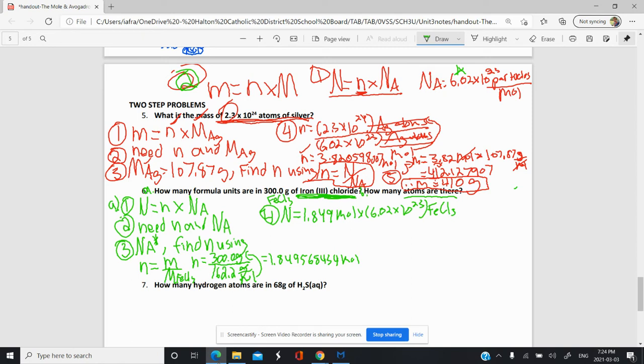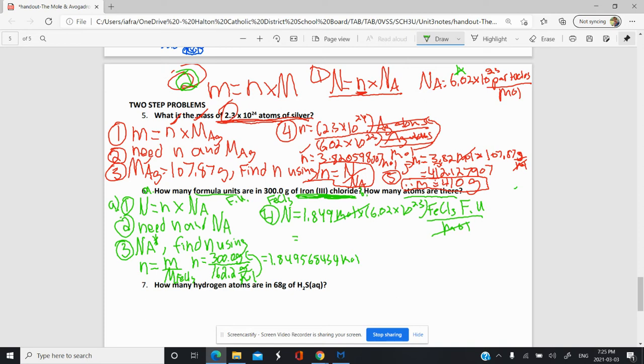For formula units, I'm going to call it F.U., formula units per mole. And so I can cross mole out and cross mole out. And I'll be left with the correct number of formula units, hopefully.